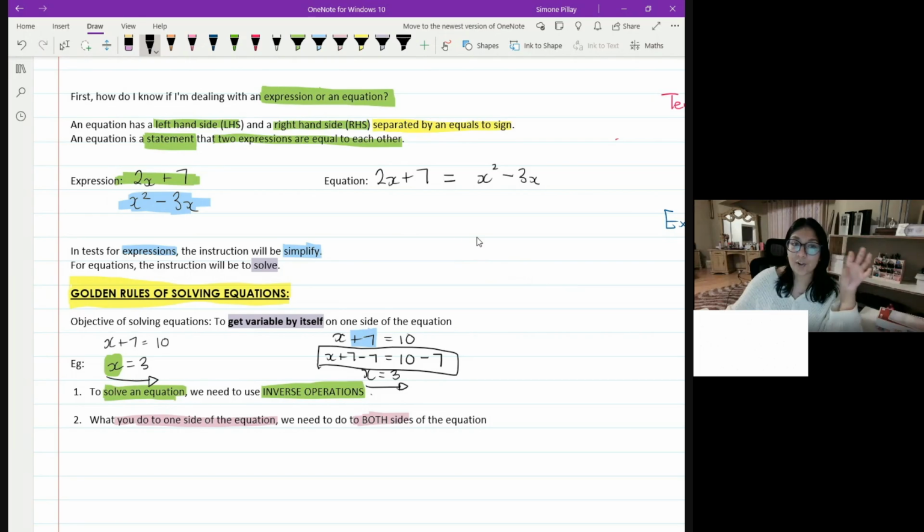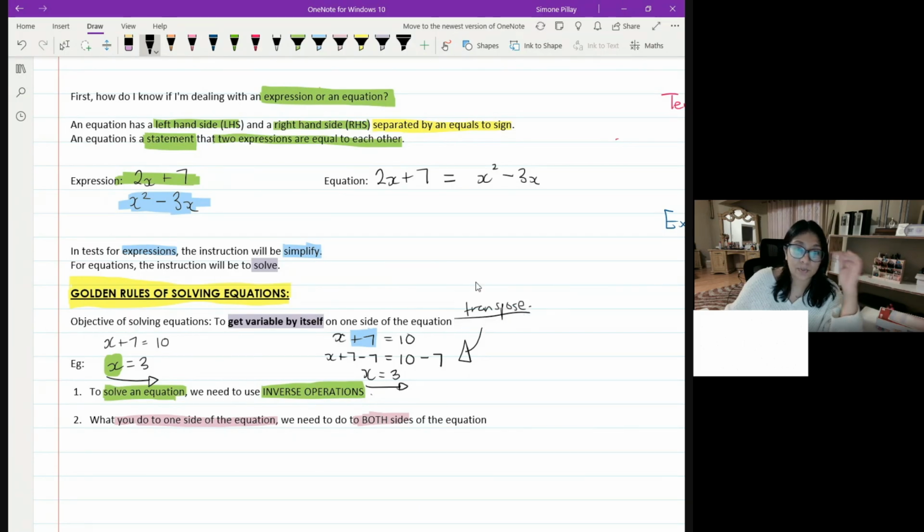Remember, a coefficient is multiplication. The coefficient is the number in front of your variable. That is multiplication. So you will never see me saying take your 2 to the other side. That will not work. You can only do it with addition and subtraction. And so we have a shortcut to showing this step. And the shortcut, we call it transposing.